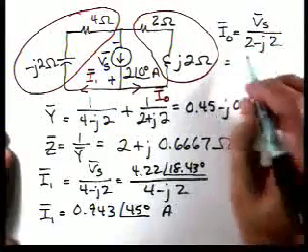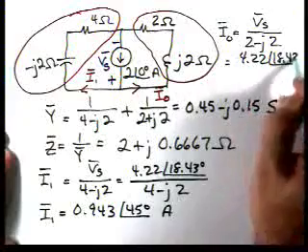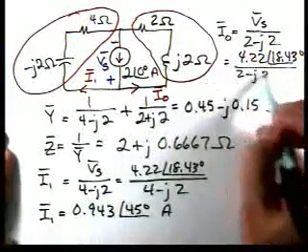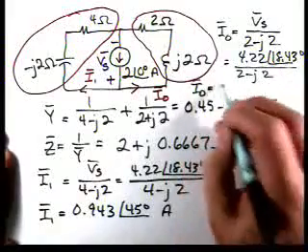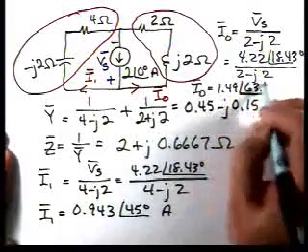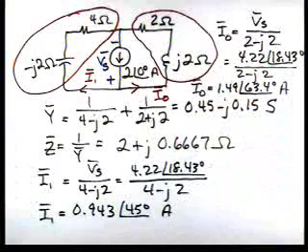So we have 4.22 at an angle of 18.43 divided by 2 minus j2. Then I0 is 1.49 at an angle of 63.4. So there are our two currents.